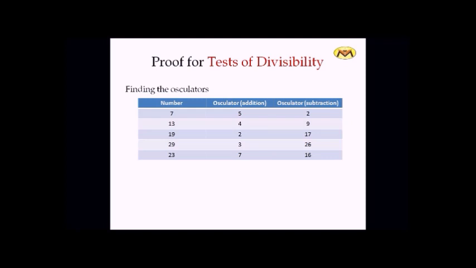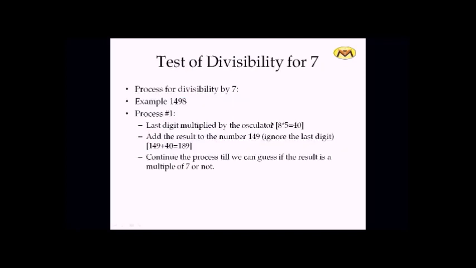Here I'm just going to take one example, the case of 7. If we have to find out if a number is divisible by 7, we take either the oscillator 5 or 2, and then we have two processes of doing it. Most of you would be knowing this, but just for the sake of introduction, I'll share it.